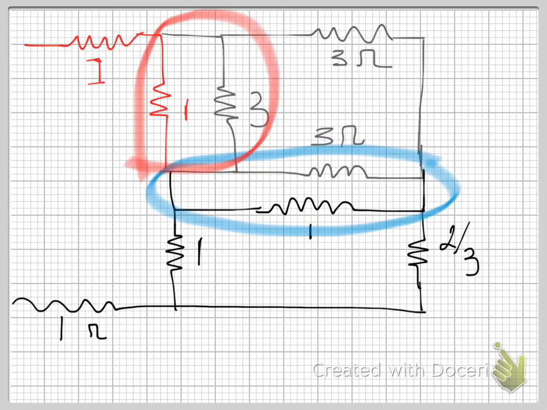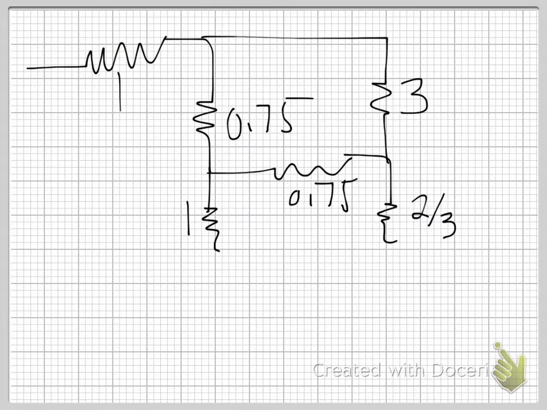That's a 3, right? We had a 3 there, and then a 1. Okay, so this is what we have now. We have a delta here, shown by this.